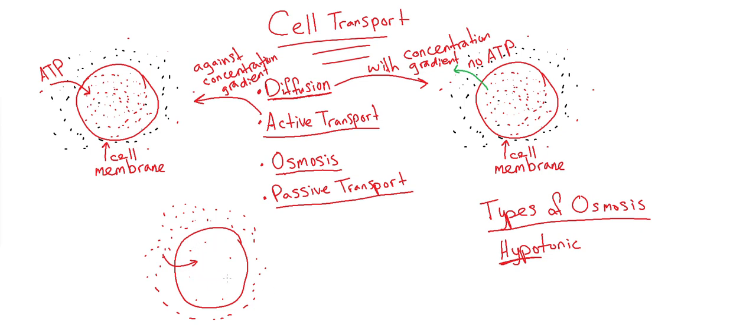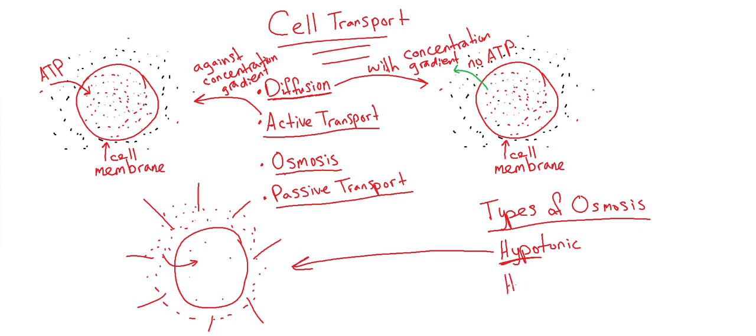So the cell will swell, and it might even burst if it swells up too much. There's going to be so much water rushing in that it might swell up and potentially burst. So this is a hypotonic solution.